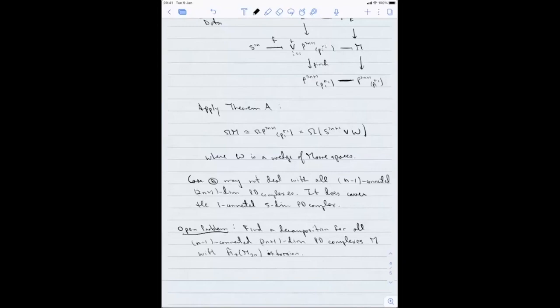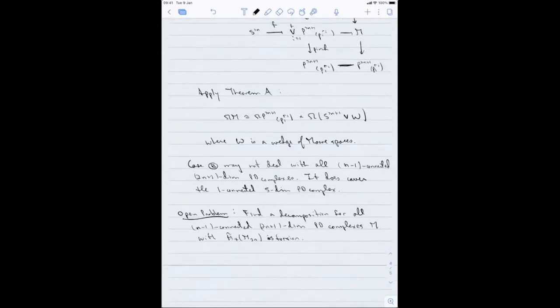So that's the non-torsion case we know how to do. Some of the torsion cases we know how to do, but not all of them. So the problem is to try and sort that out.